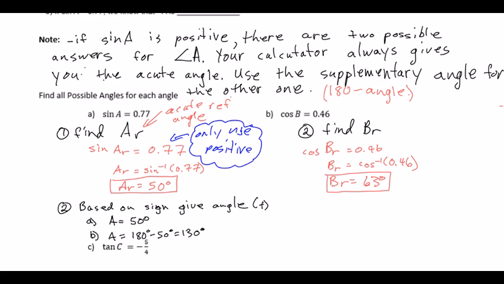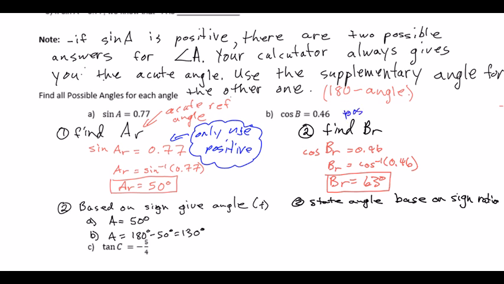So now that I got BR being 63 degrees, we have to state the angle. You'll notice, in step 2, we state the angle based on the sign of the ratio. The sign of the ratio in this case is positive. If I look at the original ratio that we found, we notice it's positive.